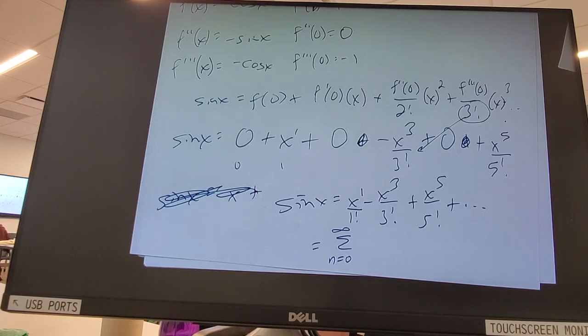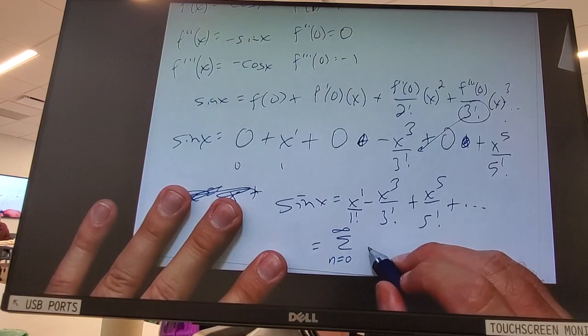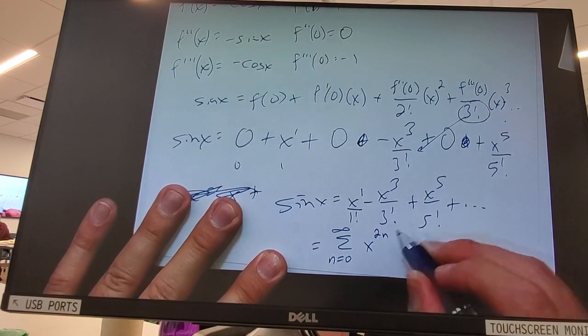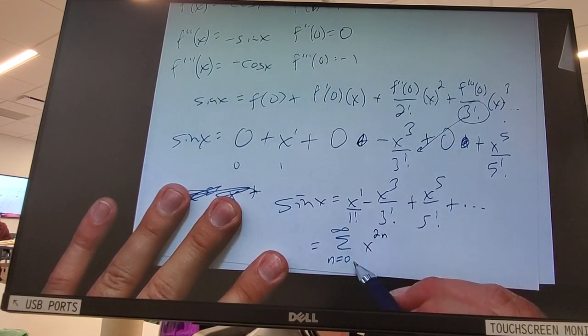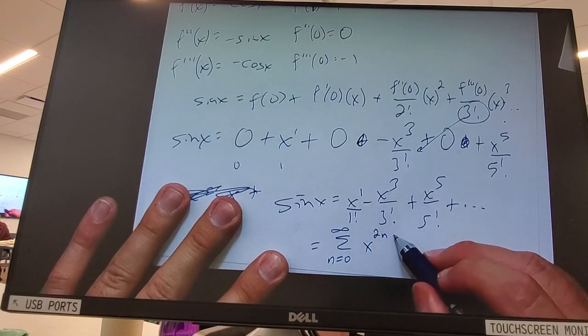So let me just tell you. How do I represent an odd number? Either 2n minus 1 or 2n plus 1. That's a definite odd number, yeah? Because 2n is even, plus or minus 1 is odd. So this will be x to the 2n plus 1, because for the 0th term I want it to be 1.